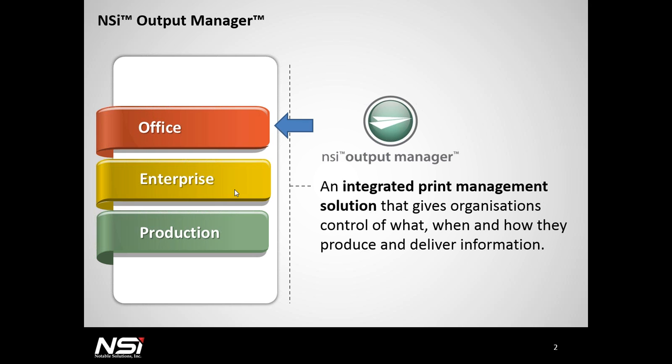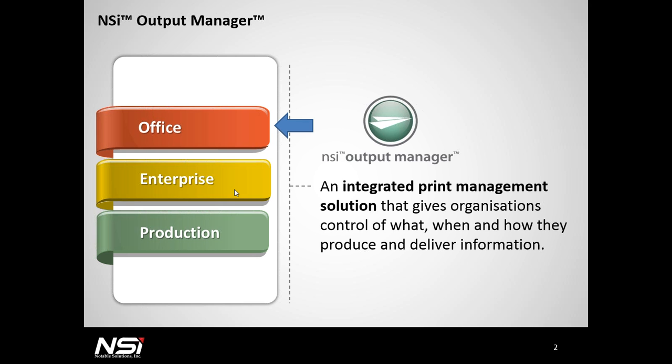And it can deliver information to any number of output devices. Typically, we're talking about printers, but this can also be an archiving system or other systems. Now, today, we only have limited time, so we will be concentrating on the Office features, Office and maybe Enterprise, which are everything which has to do with Office printing and maybe the CAD print room. Now, the CAD gets everything, but we're really concentrating on the Office part here.